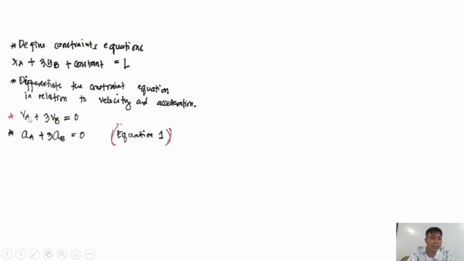Expressing this into velocity and acceleration, we can rewrite that VA plus 3 times our velocity B is equal to 0, and our acceleration will be AA plus 3AB is equal to 0, which we can denote as our equation 1.